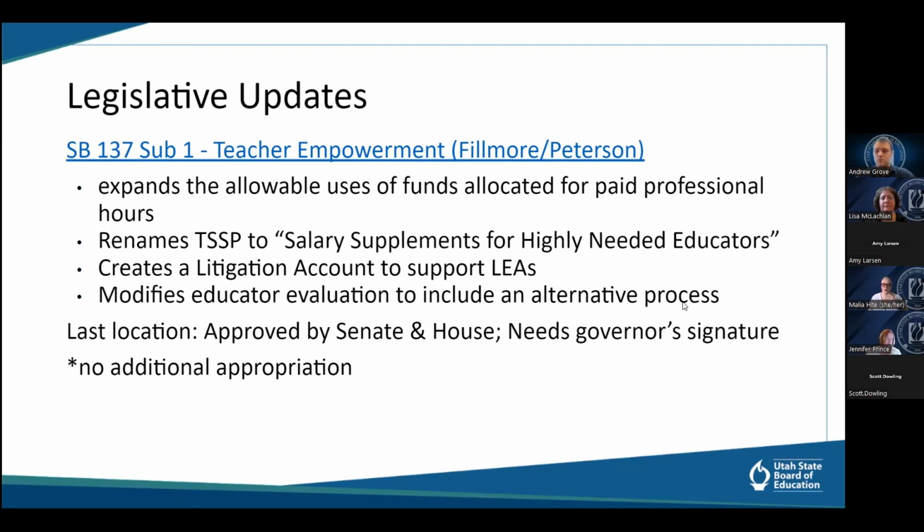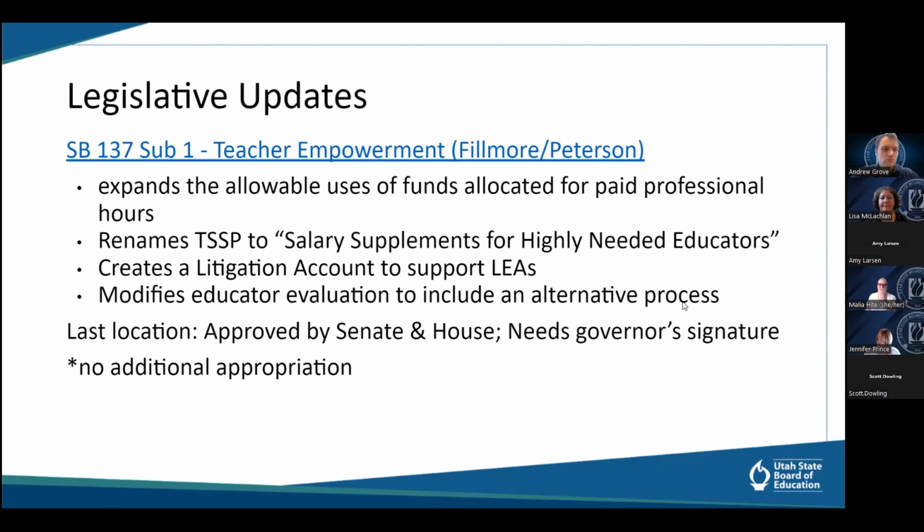It also creates a second program that is called, I think SHINE is going to be the acronym, for teachers who are highly effective. And the Center of the School of the Future at Utah State University would define what qualifications make somebody a highly effective teacher and or top performing.